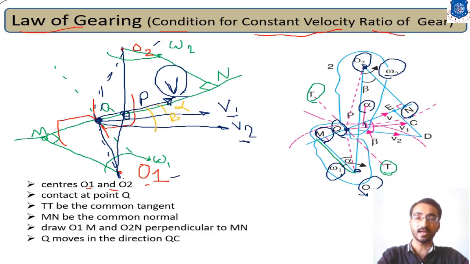This one is your angle alpha and this one is your angle beta. So over here we have to identify the components of these two, and they must be the same.